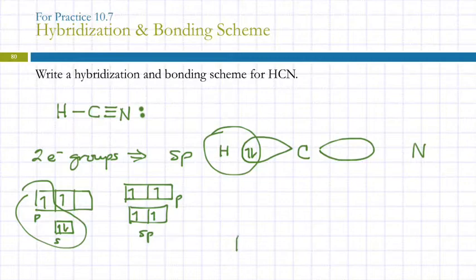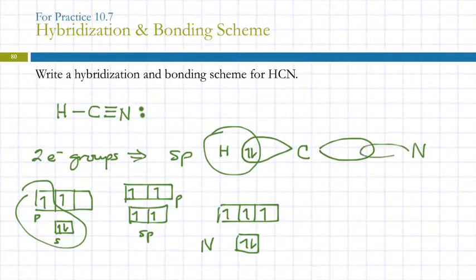So if we look at nitrogen, and we're going to assume that nitrogen is not hybridizing. So nitrogen's got 5 valence electrons. 1, 2, 3, 4, 5. So nitrogen has these 3 p orbitals that can be involved here.